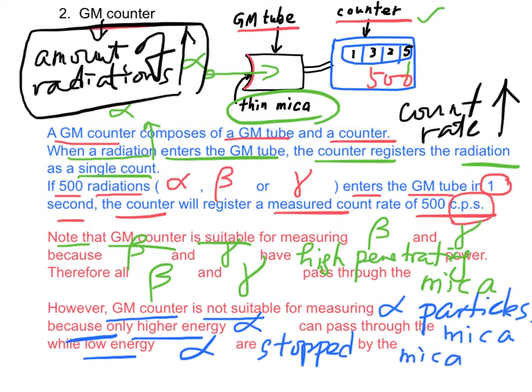Therefore, not all the alpha particles can be registered by the counter. Or we say the lower energy alpha particles cannot enter into the GM tube and are stopped by the mica.